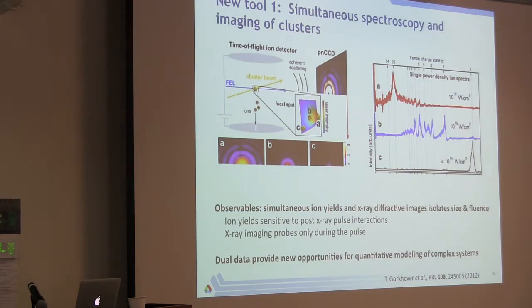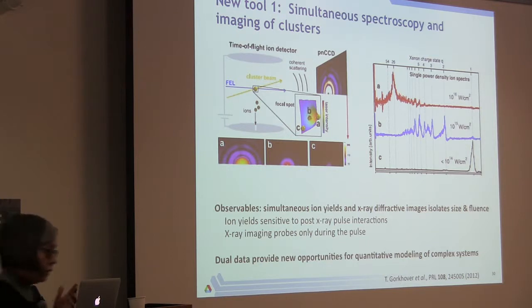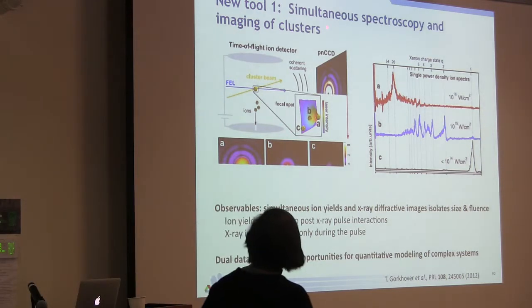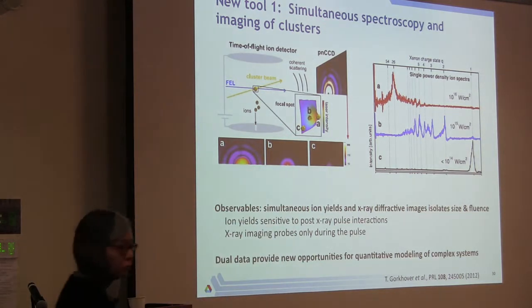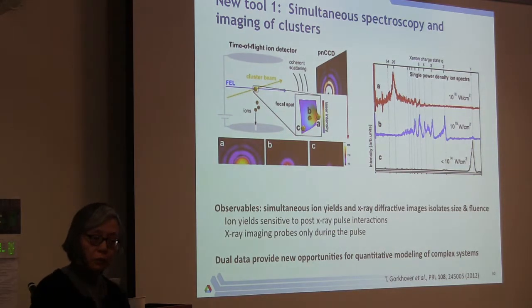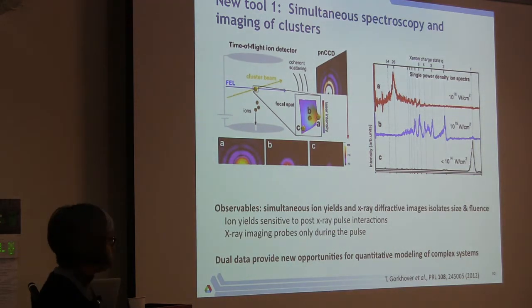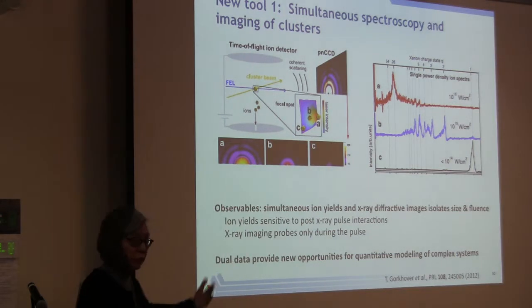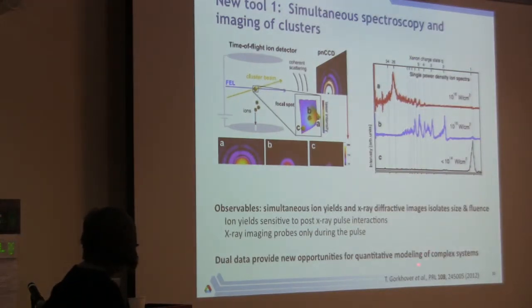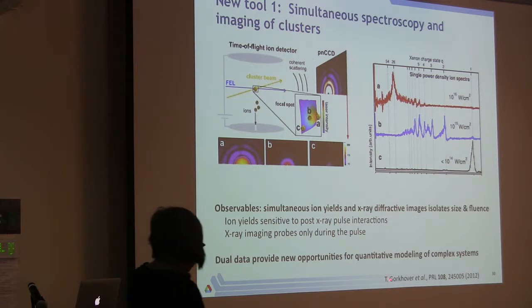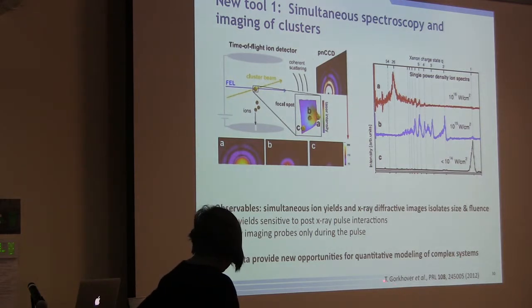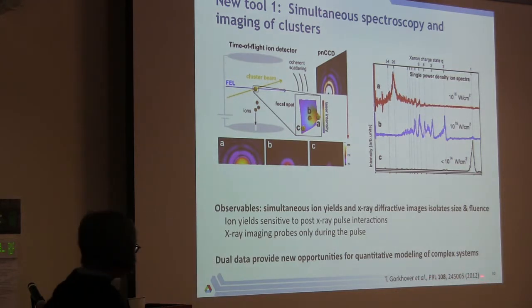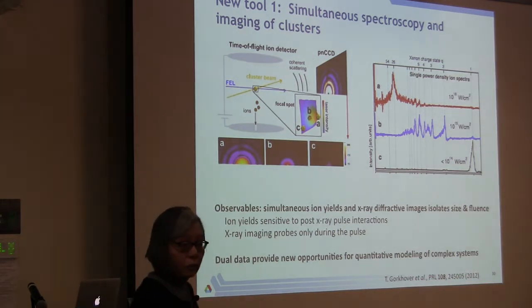And then the other thing that's come up also is that you can simultaneously measure these long-time dynamics through ion and electron spectroscopy, and also the image that you might actually want to use. This was initially demonstrated by Thijs Borgo, but also with Christoph, in this PRL back in 2012.